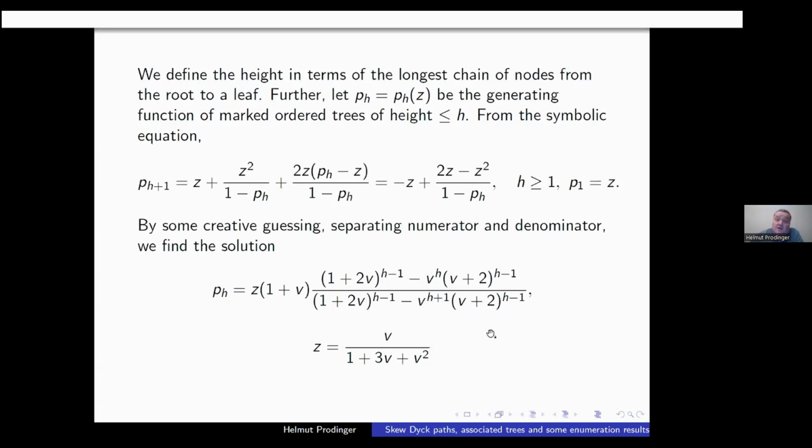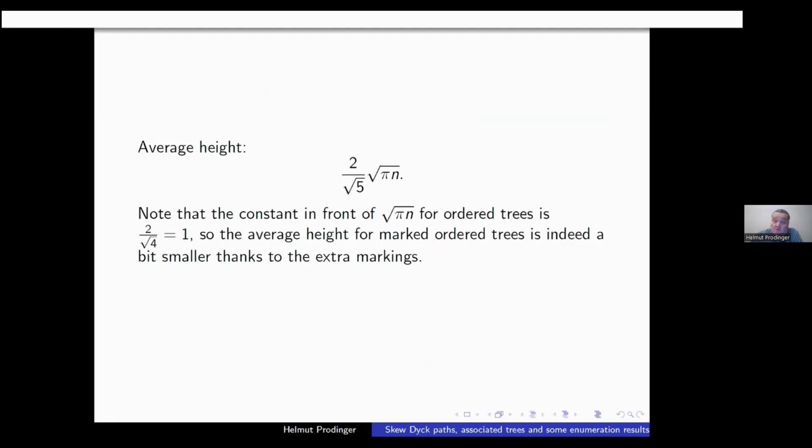And once one has this generating function and one knows what to do, one can actually compute the average height of these marked trees, meaning that all trees with the same number of nodes are equally likely. And one does this asymptotics as we learned it some time ago.